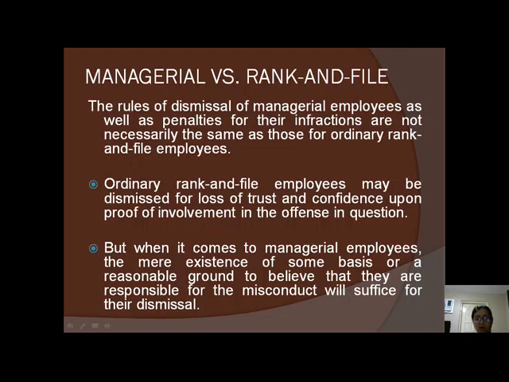However, if you're a managerial employee, the only proof that is important is the mere existence of a belief that you are responsible for such misconduct, no? So that is already sufficient for your dismissal. Okay?